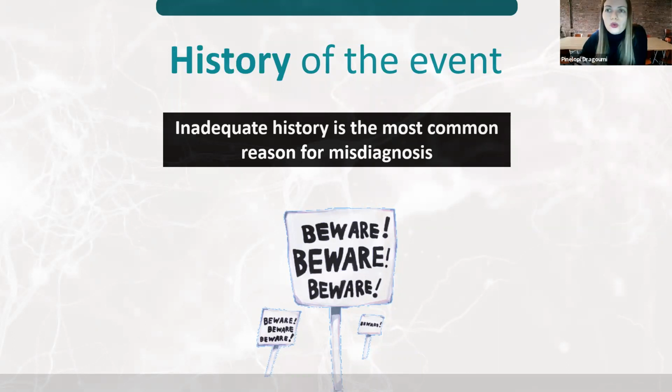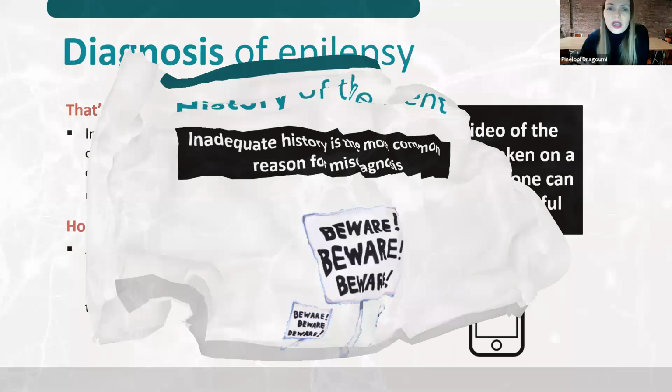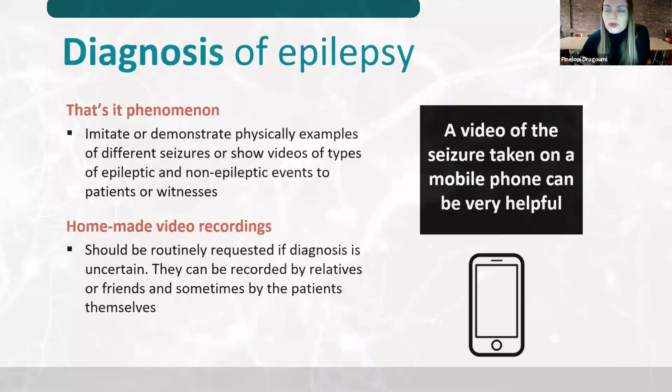We need to go back, and if we're not sure if this seems like a seizure to us, of course, we can demonstrate different seizure types and try to get the information from the parents, if that's a tonic seizure or a clonic seizure. But of course, now we have the home videos, and when we have recurrent seizures, this is very, very helpful.